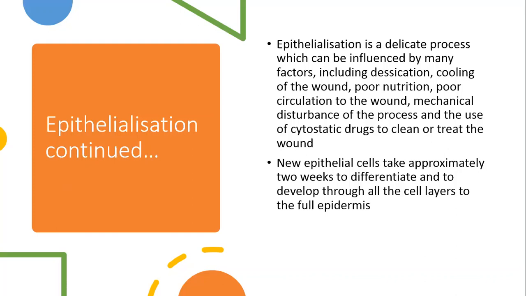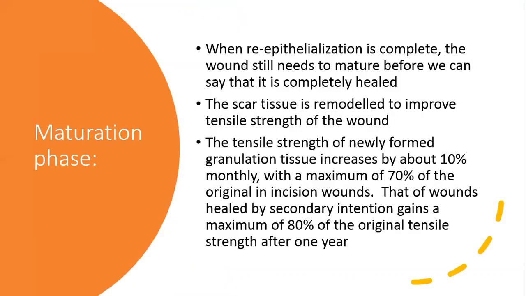Epithelialization is a delicate process and it can be influenced by many factors, including desiccation, drying out, cooling of the wound, poor nutrition, poor circulation of the wound, mechanical disturbance of the process, and the use of cytotoxic drugs to clean or treat the wound. All right, so new epithelial cells take approximately 2 weeks to differentiate and to develop through all the cell layers to the full epidermis. Remember, from the inside out.